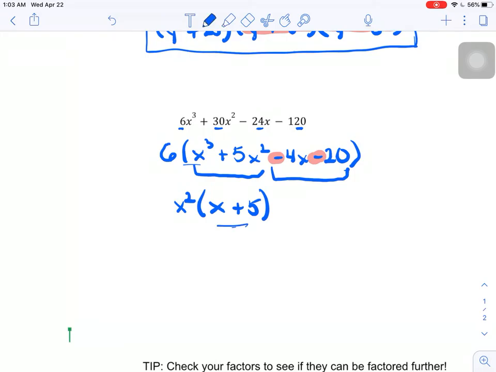So right now you notice everything is negative in here, and I want this part to be positive when I'm done, so I can just pull out the negative with the greatest common factor. So basically divide by a negative greatest common factor, and it'll make everything go positive. So not only do I want my greatest common factor to be negative so that I end up with positive leftovers, but 4x and 20 also have a 4 in common.